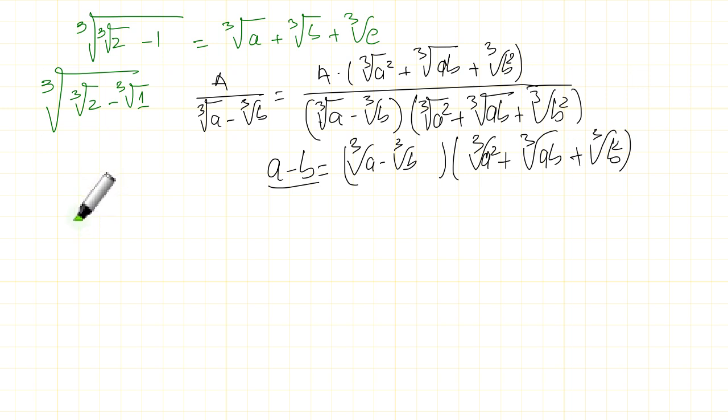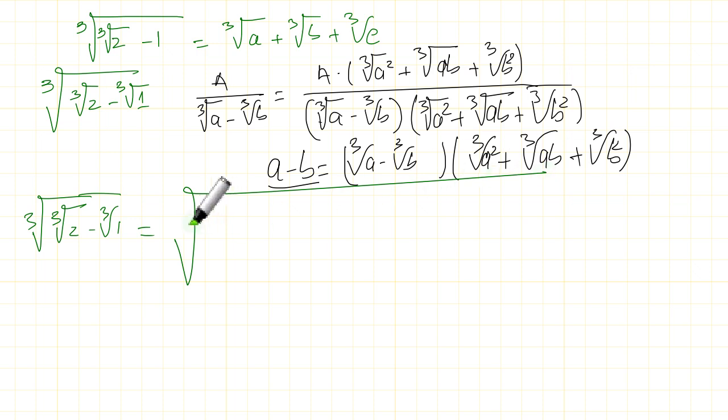I don't want to be rewriting now. Let's write it actually. So we're going to have cubic root of 2 minus cubic root of 1. Let's find the conjugate of this.